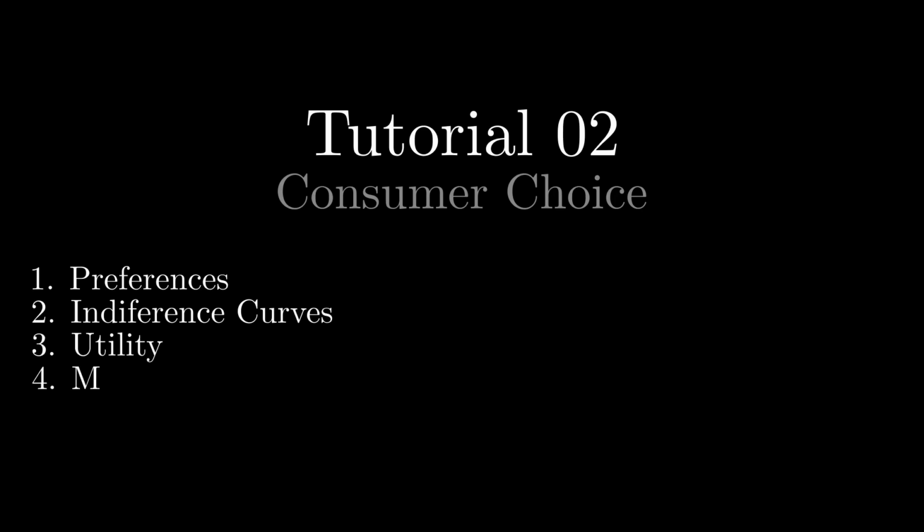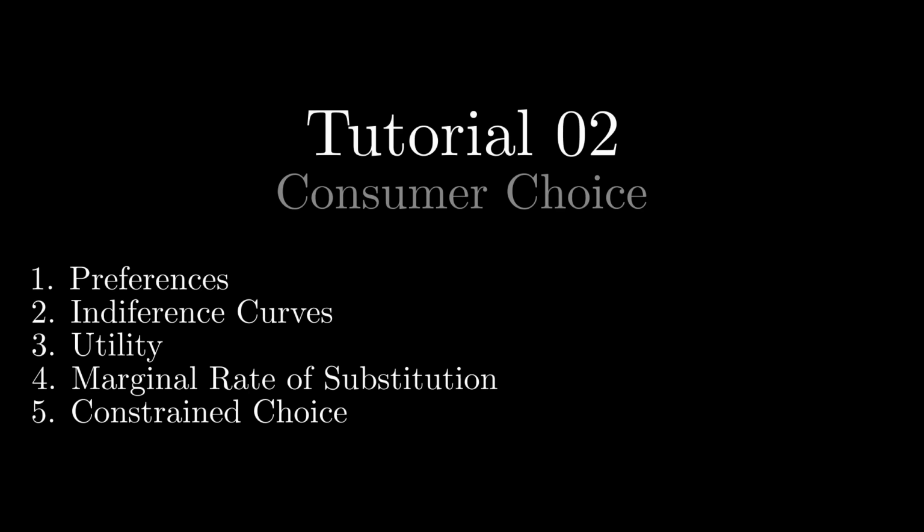Now is the point where we begin to develop a model of how individuals make choices. Since individual buyers add together to generate the market demand curve, what we're doing in this video is providing sort of a more rigorous and thorough foundation for the market demand curve.